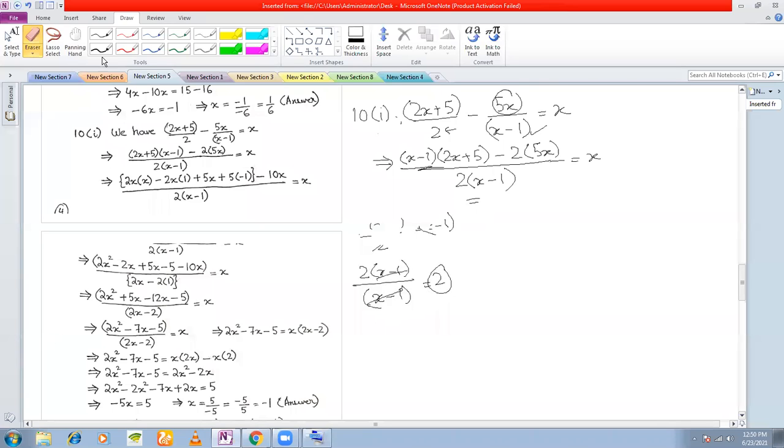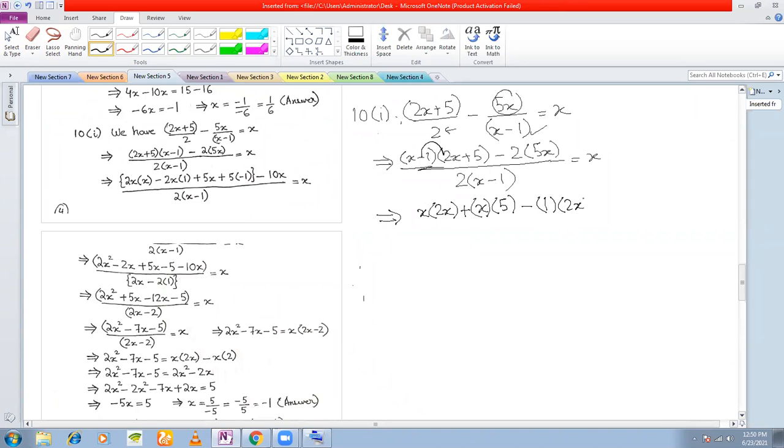Now we proceed as we normally do. We'll remove the fractions. First, we multiply the numerator. If you multiply the numerator, you get x into 2x plus x into 5. Then the minus and plus sign here will combine to give you a minus sign, so 1 into 2x. And this minus sign will combine with this plus sign to give a minus sign, 1 into 5, divided by 2(x − 1) is equal to x.